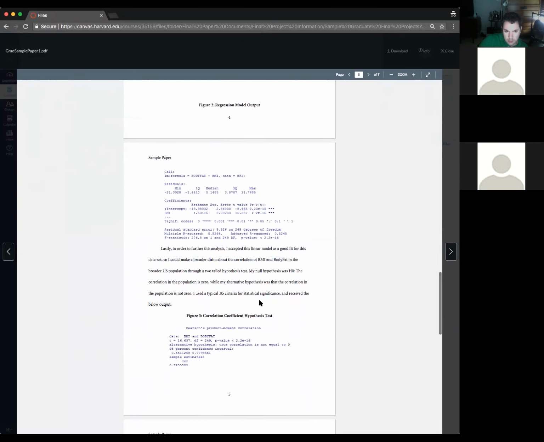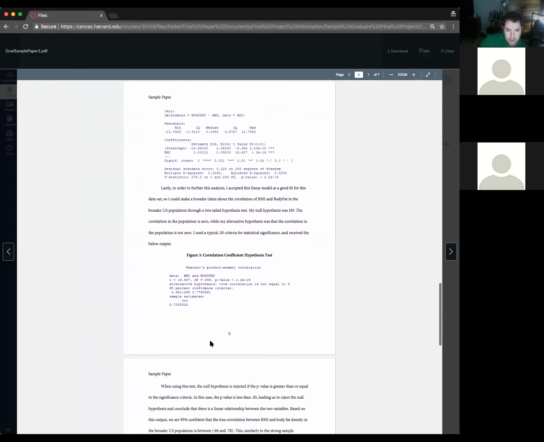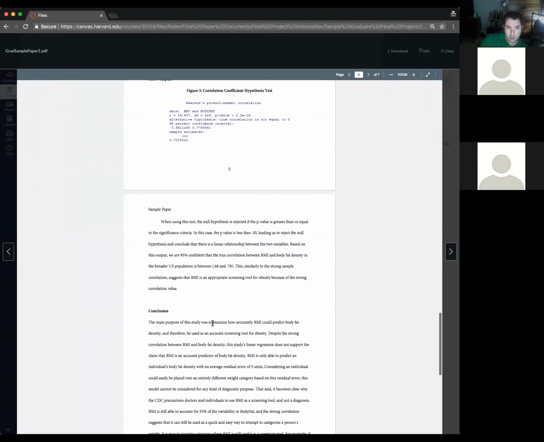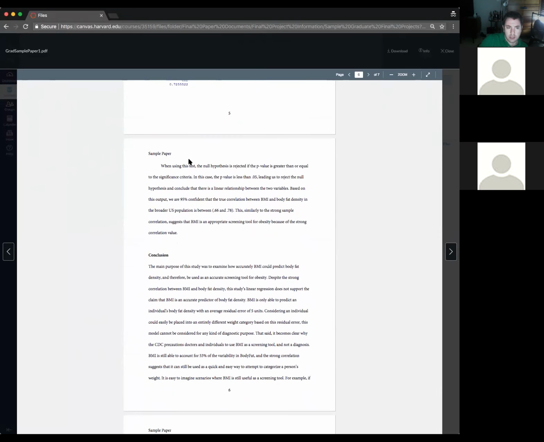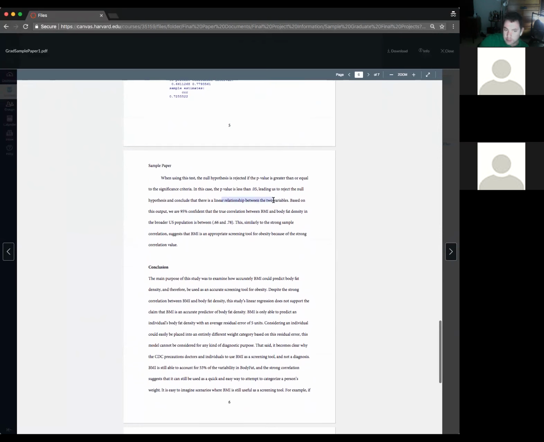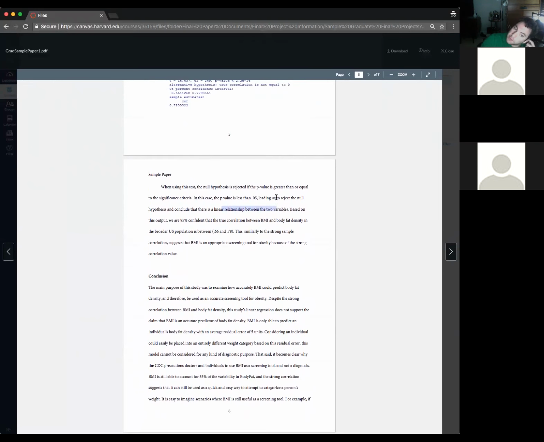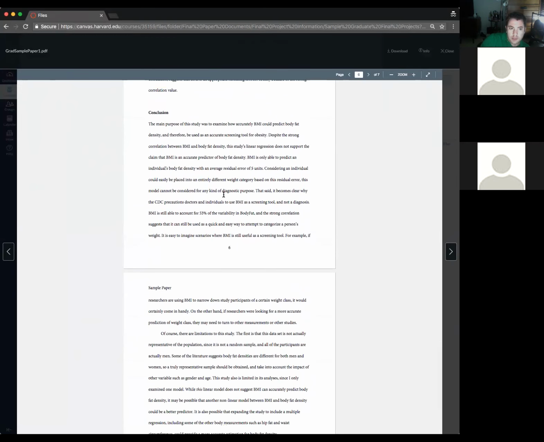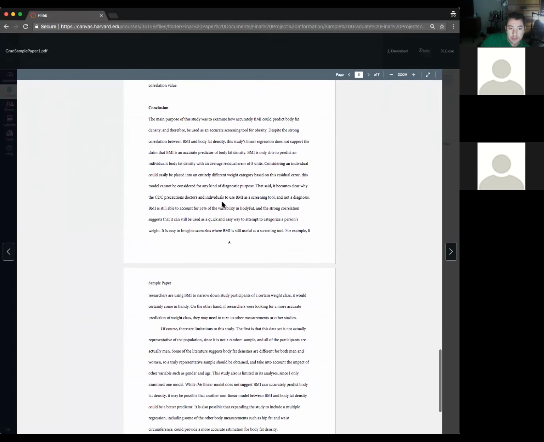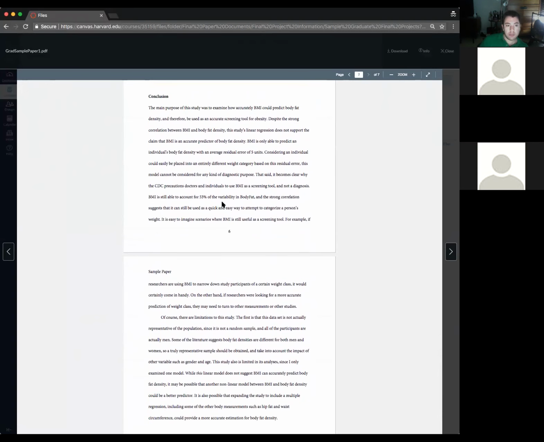And finally, they ran a hypothesis test to see whether the correlation in the population is 0 or not 0, and the result was they rejected the null hypothesis, concluding that there is a linear relationship between the 2 variables. So the student concludes that BMI is a good predictor for body fat.